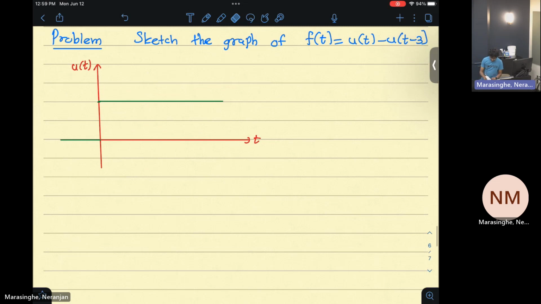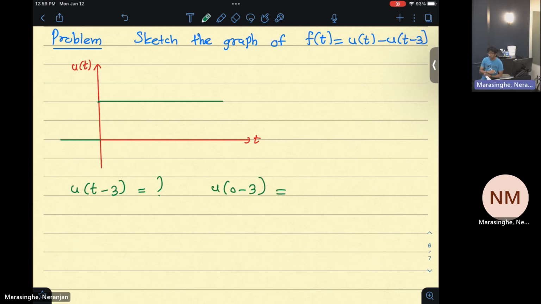Let's use fundamentals. Our target is to sketch u(t minus 3). Let's substitute some values and check. Let's substitute 0. What would you get if you substitute 0?